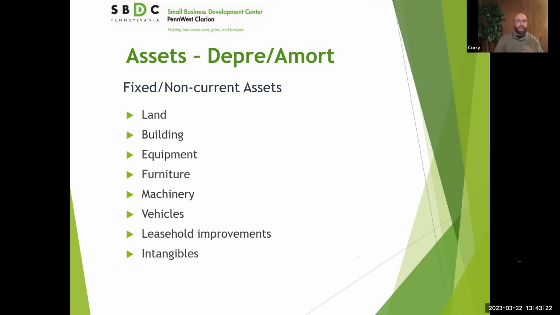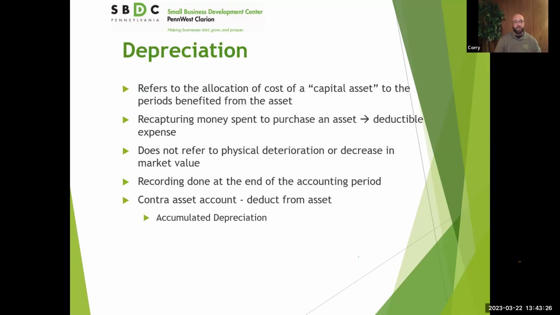So as we dive deeper, we're going to take a look at depreciation and amortization now. So what is depreciation? Depreciation is taking the value of the asset that you purchased and recovering that cost over a period of time.